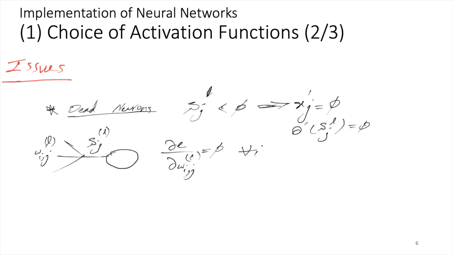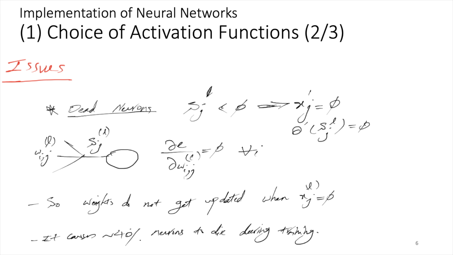Basically, if your signal is smaller than 0, the output would be 0, thus the theta prime would be 0 again. So you're going to have dead neurons here, okay? And when they are 0, they won't get updated, right? So roughly speaking, in a deep neural network, it might bring around 40% dead neurons.